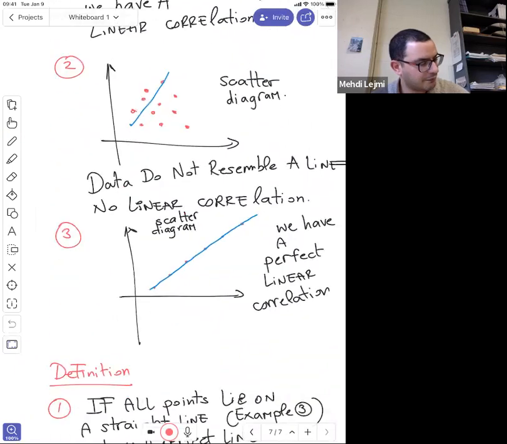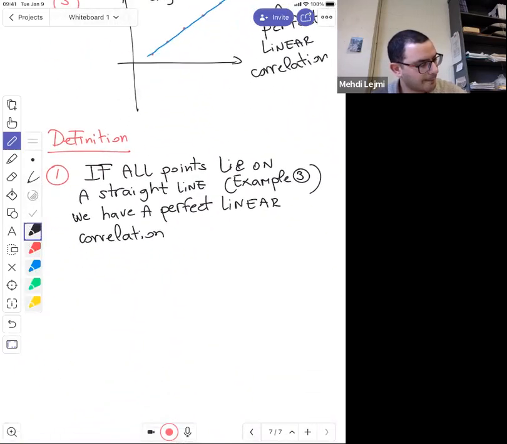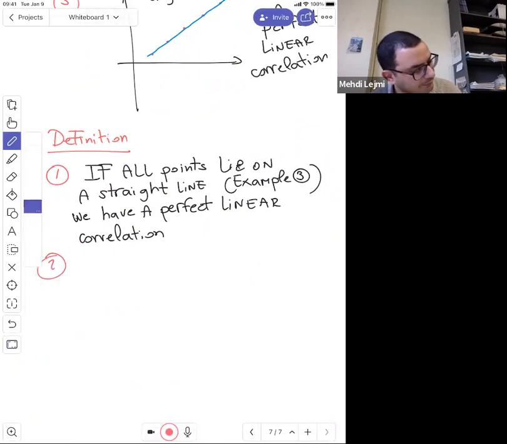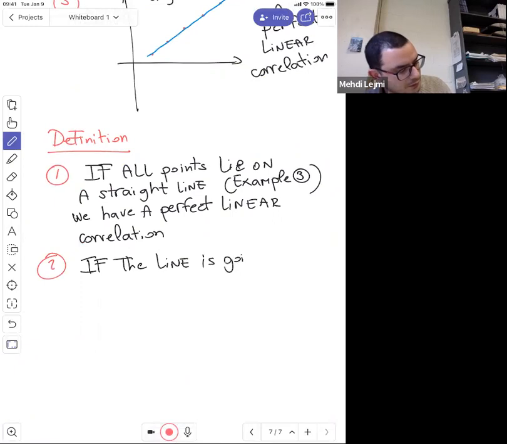So if the line is going up, in other words, the values of Y increase as the values of X increase.